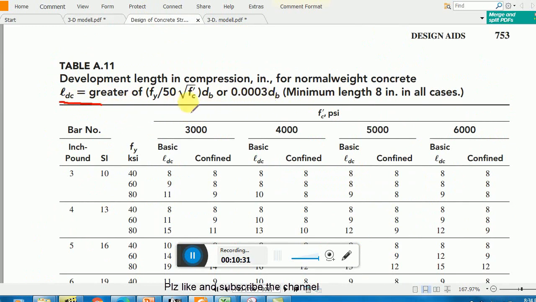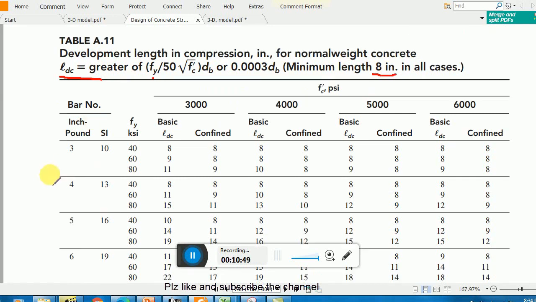Okay, here you see, we can use these formulas as well, because these formulas are used for development length in compression splices. Okay, in compression splices. So here we have fy 60. Either we can use this one. The minimum development length in compression is 8 inch in all cases, remember.